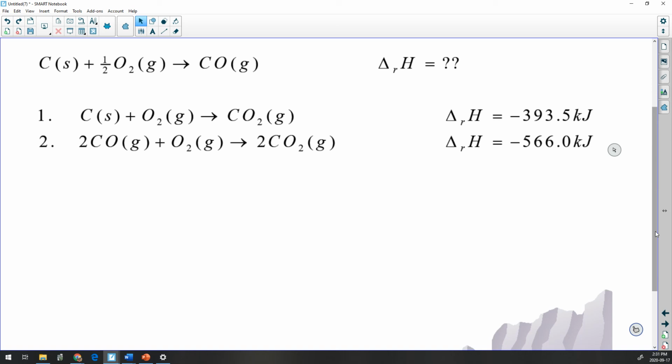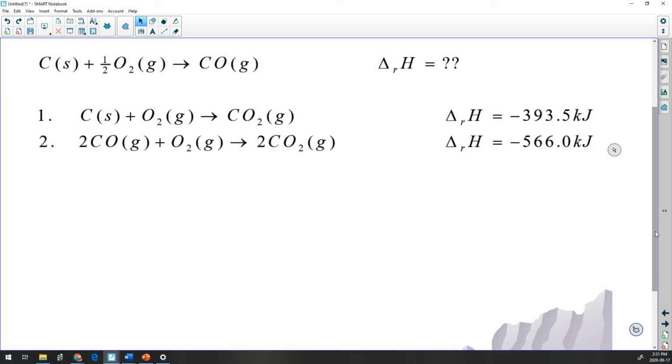Now this again, because it is never going to occur by itself, it always occurs in the presence of carbon, this reaction at the same time, this reaction at the same time, we can't study it. We're going to take these two reactions and we're going to flip them, add them together to get that reaction, which will allow us to get that energy.